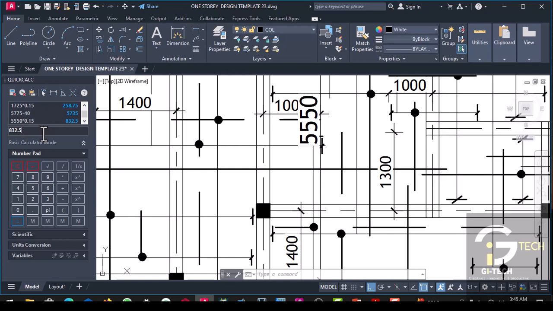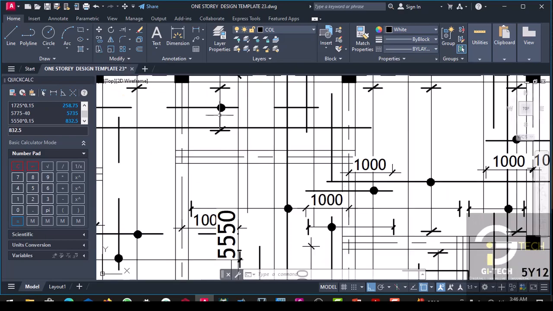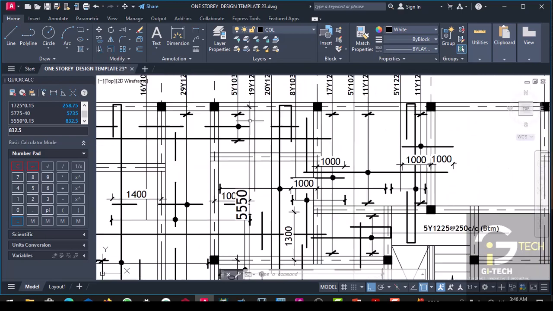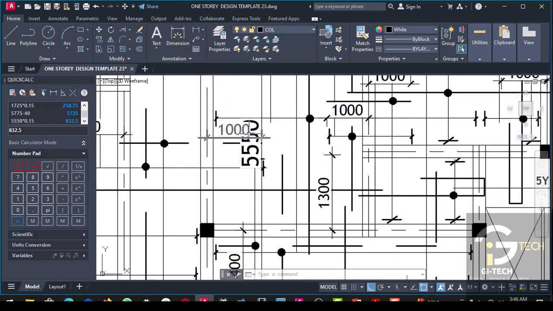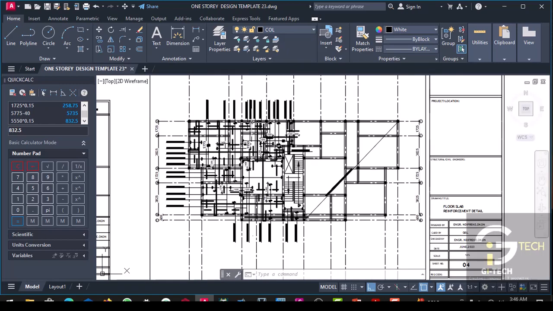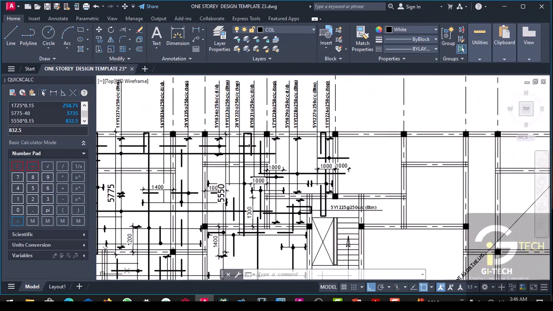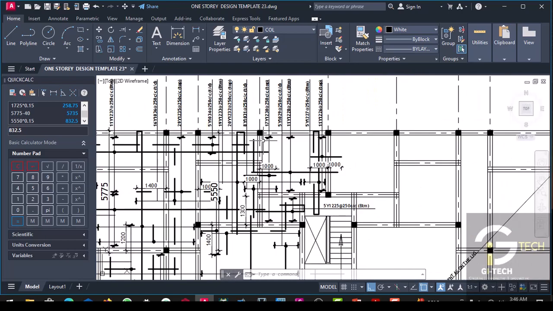Now 832 is not a round figure, so we can adopt 850, which is a round figure. We can actually measure it outside. So if we choose between 850 to 1000, then it is okay. In this case, we are going to adopt 1000.